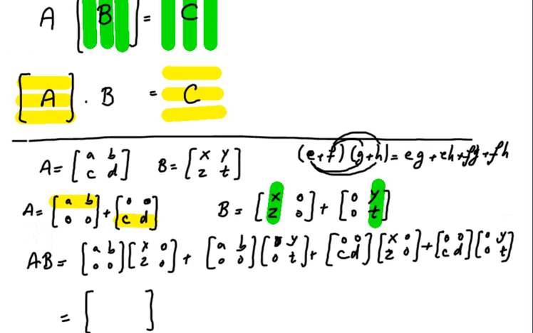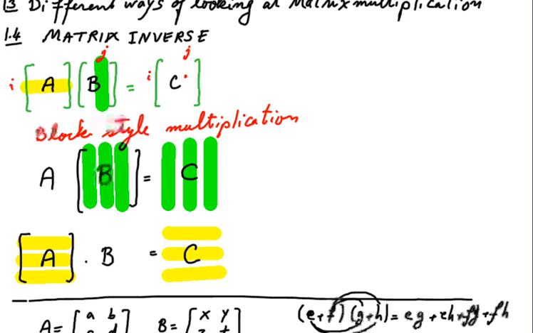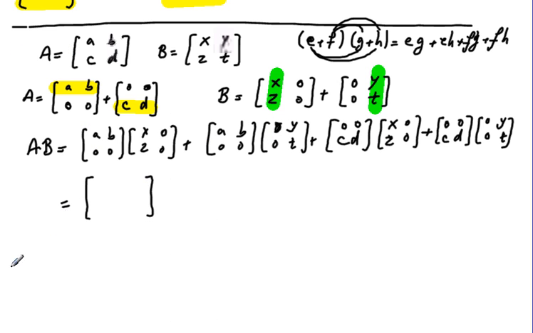Still we are multiplying the way we said our official definition, whatever it was, that's what we are going to be using every time anyway. Except that some nice things are going to happen. When I multiply these guys, what is the only non-zero entry? Is that right? When I multiply this yellow with that green, what am I going to get?